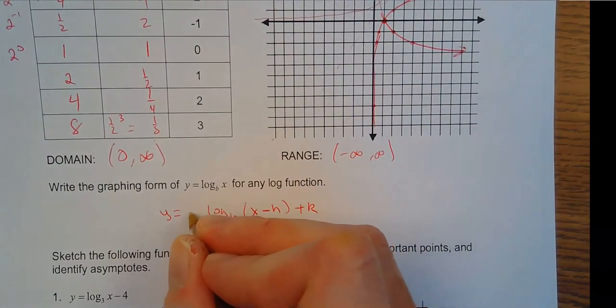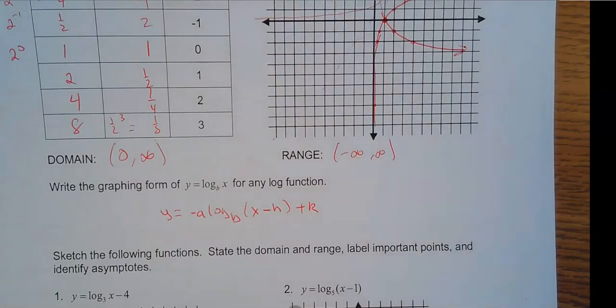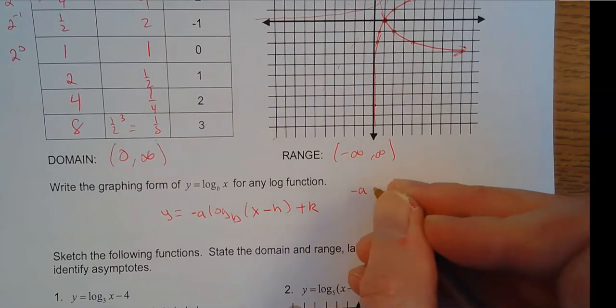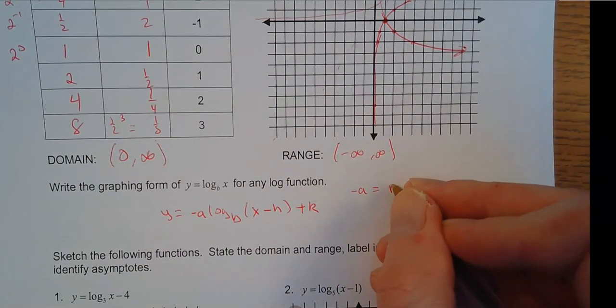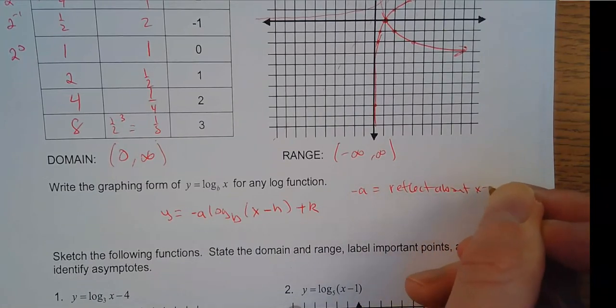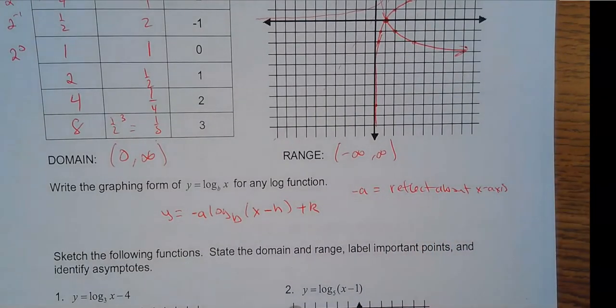And then if there's a number out front, right now we're just going to say a negative out front, so a negative a is going to reflect about the x-axis.